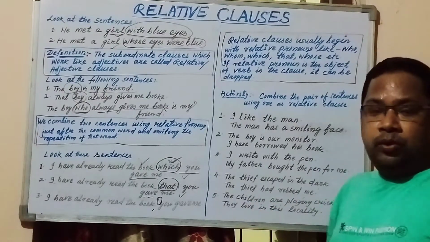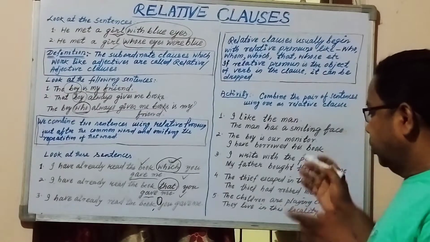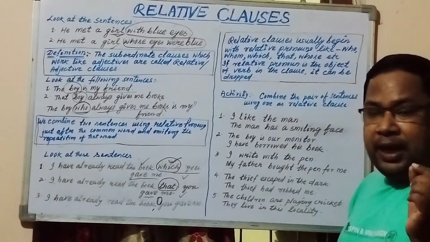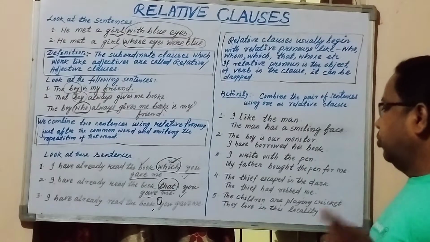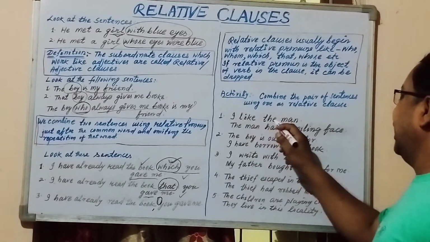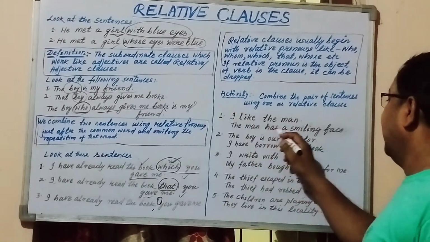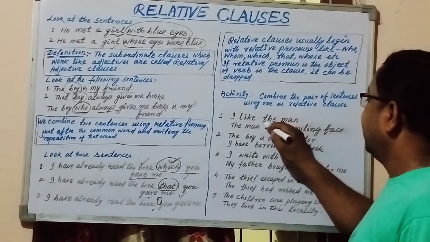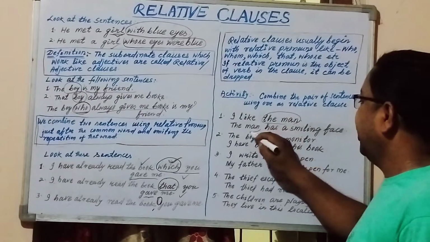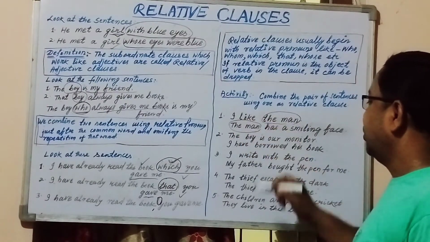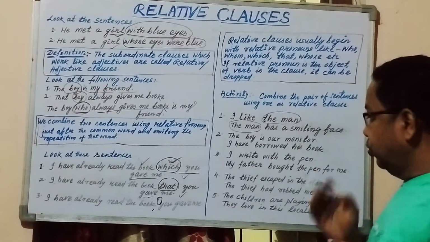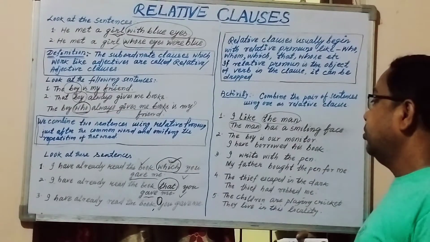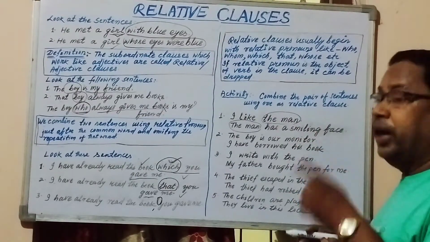You have to do all of these, but I will demonstrate one. I like the man. The man has a smiling face. Here the man is common in both sentences, so we will use a relative pronoun for the man.